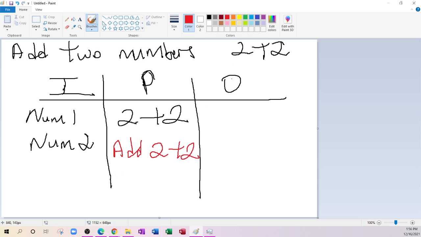Or you could even say add 2 and 2. Because remember, this is not your program that you're developing. It's just a clear explanation as to what exactly will happen.